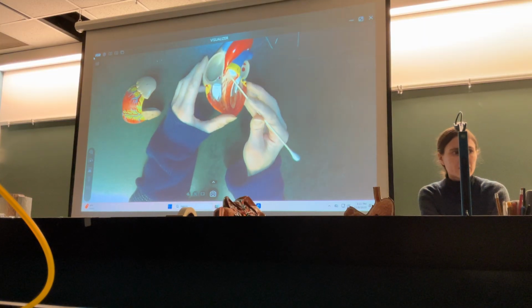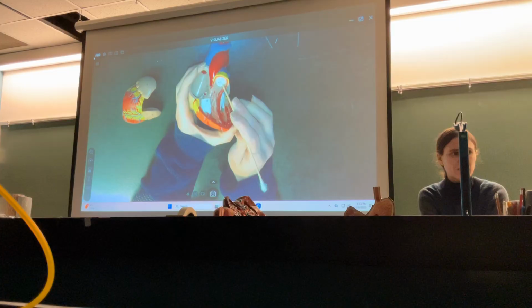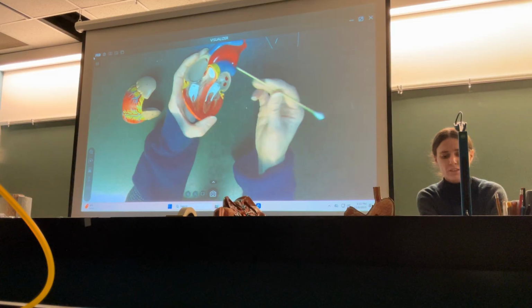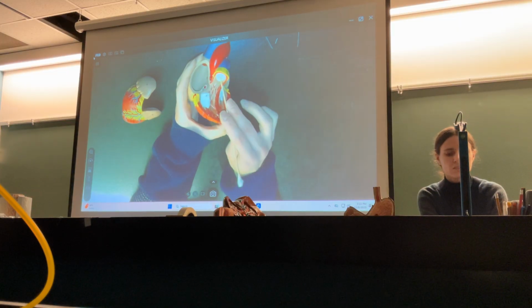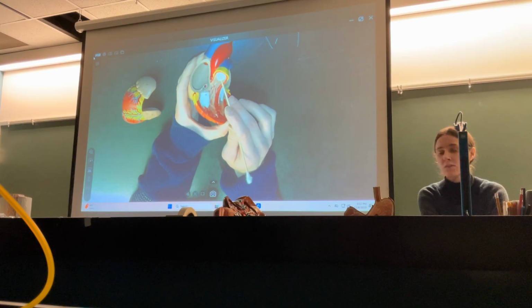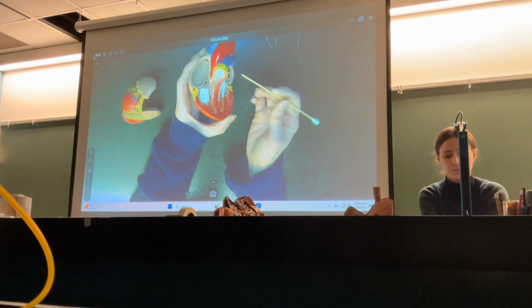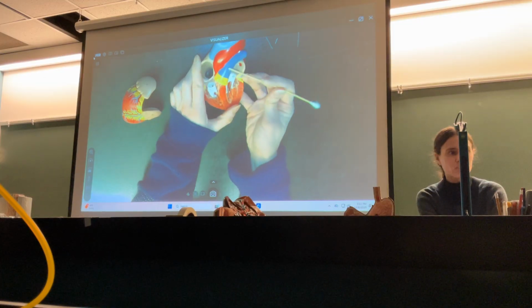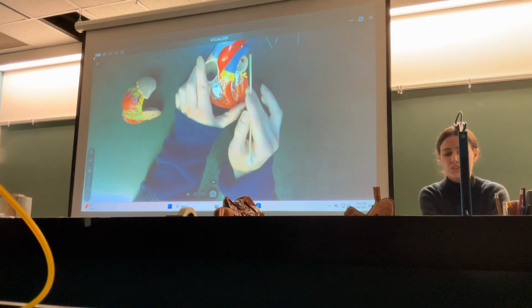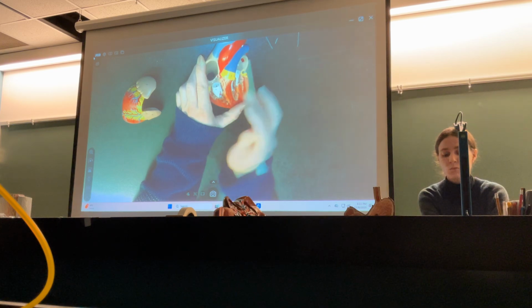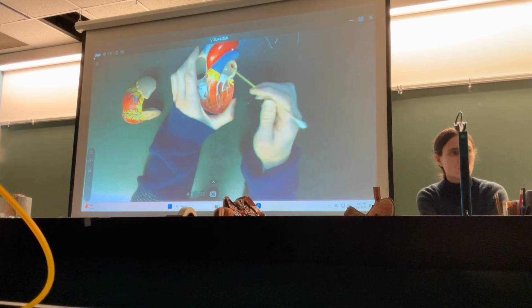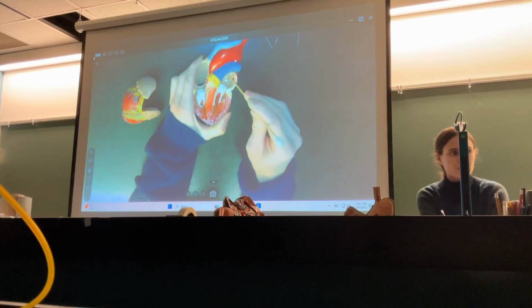And then what is this valve right here that separates the right ventricle and this vessel? Yeah, the pulmonary semilunar valve. Semilunar valves will not have chordae tendineae. What is this structure right here? Pulmonary trunk, and that's going to branch into the pulmonary arteries.